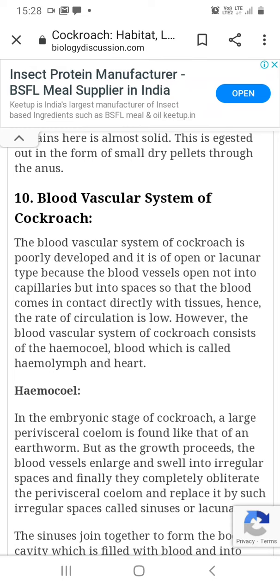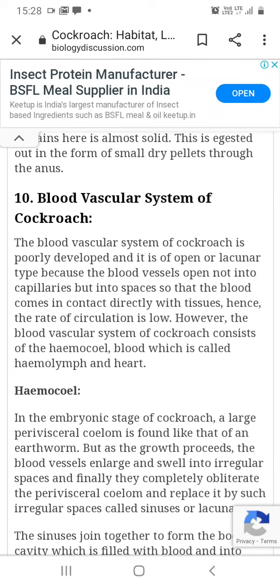In case of cockroach, or we can say that in case of insects, the blood is called the hemolymph. It is a colorless liquid containing specific cells called hemocytes and plasma.